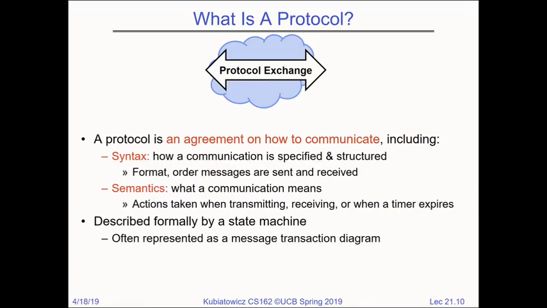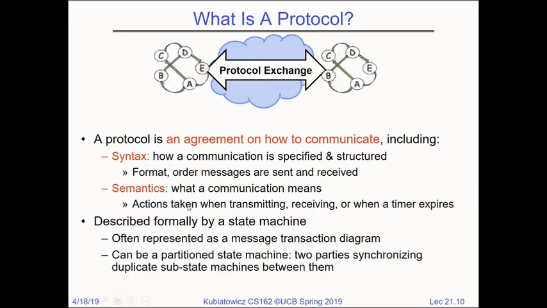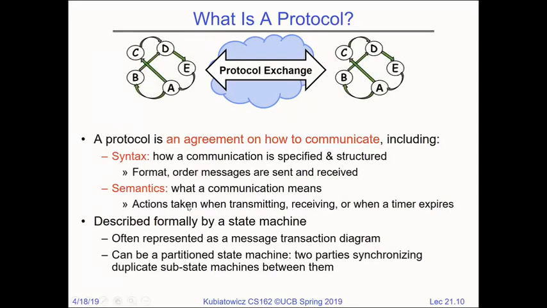It's described formally by a state machine, often represented as a message transaction diagram, and it can be partitioned into multiple state machines. So one way to look at a protocol is there's two state machines on either end, and the messages going back and forth are all about synchronizing those state machine transitions so both sides know what's going on.